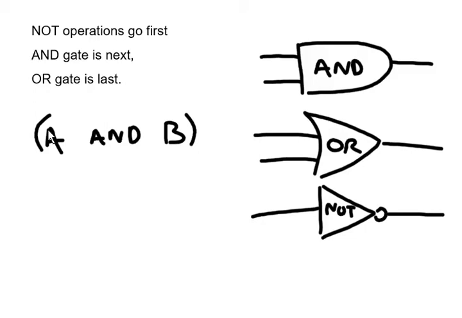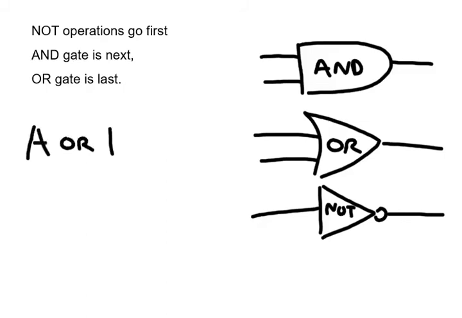So, for example, if I had A or B and C, even though you would think it's A or B and C, in essence, it's like that, because and has a higher priority than or.